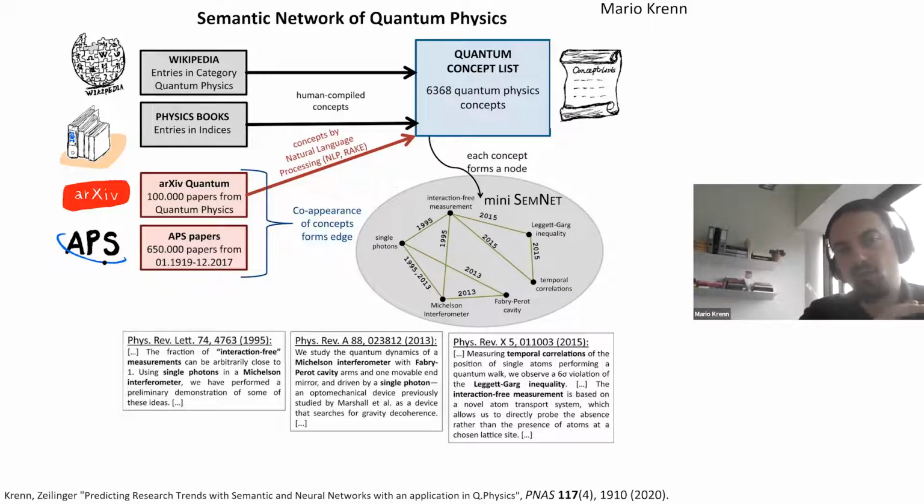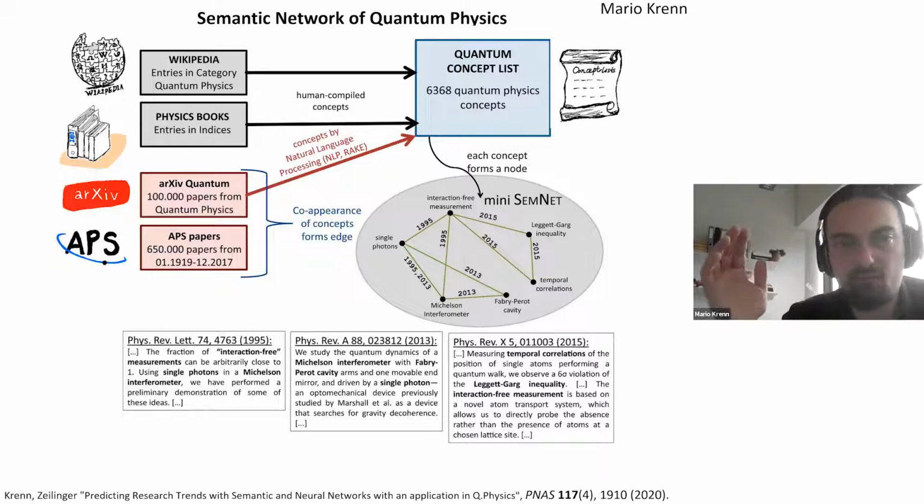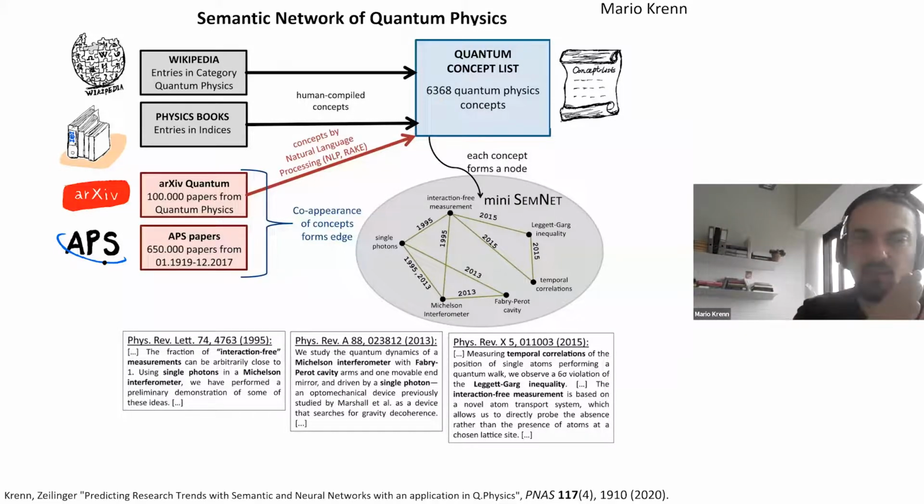So, when we use these 750,000 articles, we basically get an evolving knowledge network over time, over the last 100 years, because all of those edges have a timestamp when they are formed. So you can imagine that you have an evolving network from 1920 onwards to 2017 in this case, for instance, or 2020.